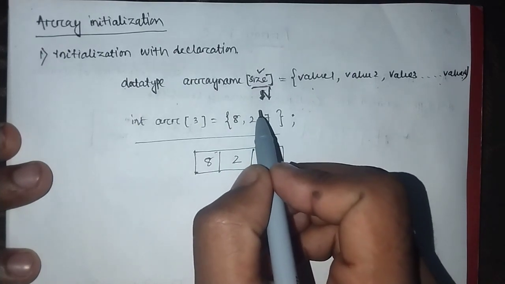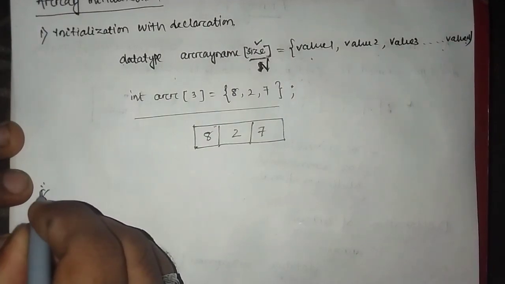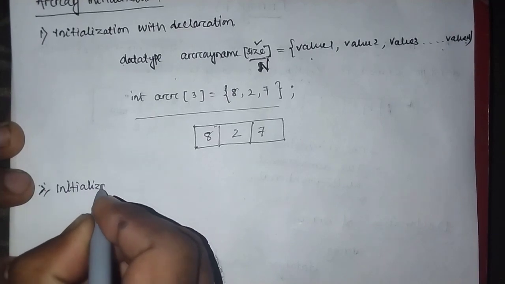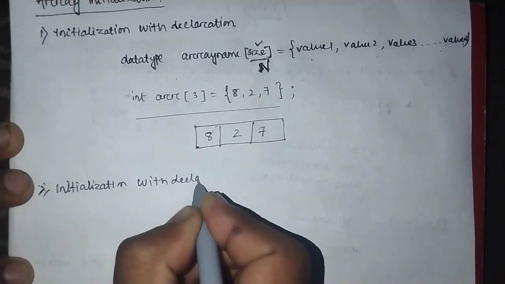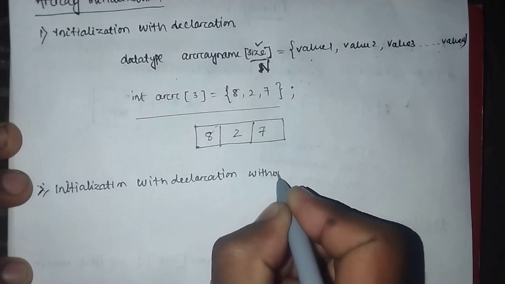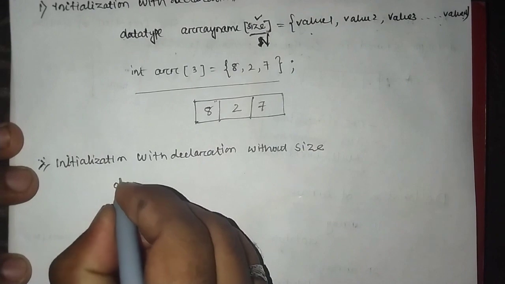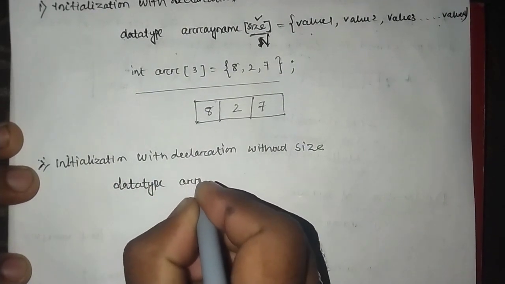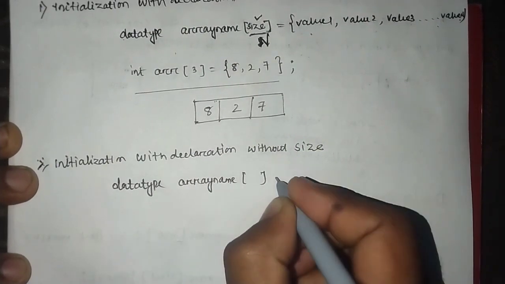In the second one we are not going to give a size. So the second one is initialization with declaration without size. Data type, then array name, and the only change is that we don't give any size to it.